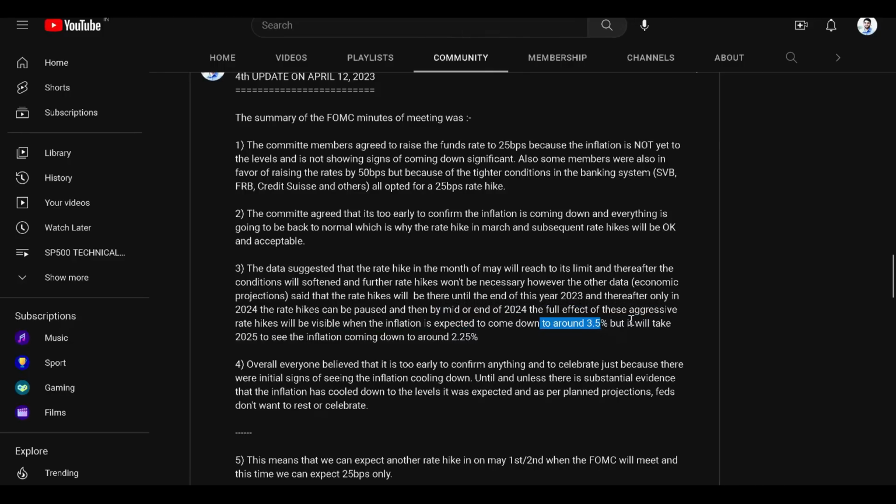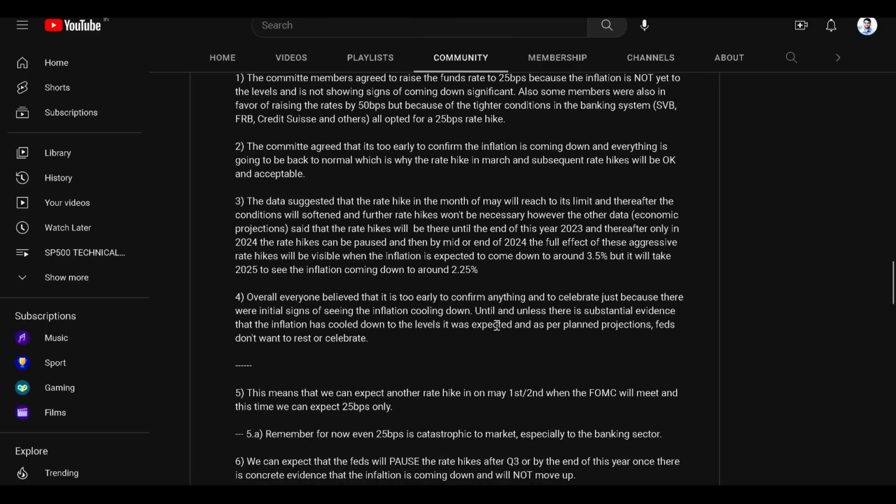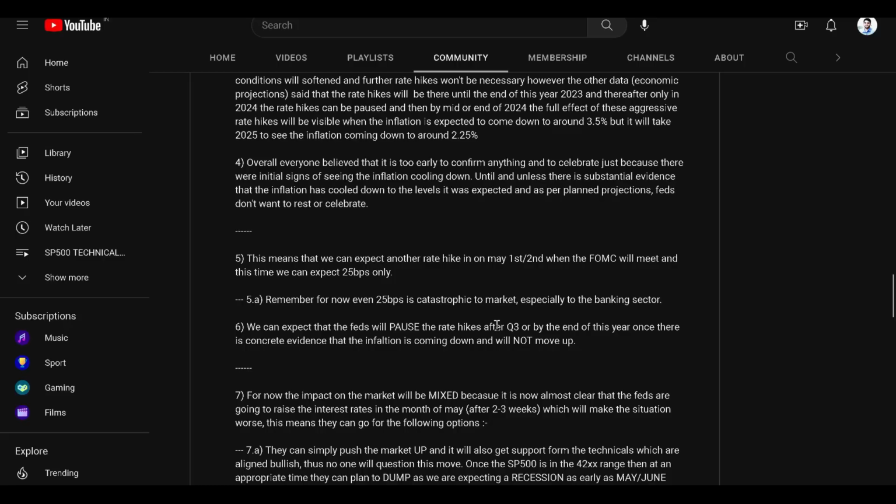So the Feds are expecting that the inflation will be in the range of 3 to 3.5% in 2024, and then in 2025 the inflation will be coming down to around 2% or 2.25%. As of now it is approximately 5%, and from 5% to 2.25% or 2%, a decline of 3%, will take approximately 2 years. So this is what was there in the minutes of the meeting.